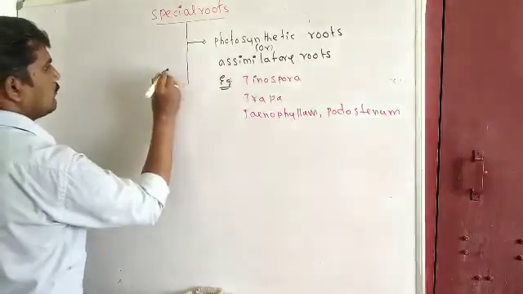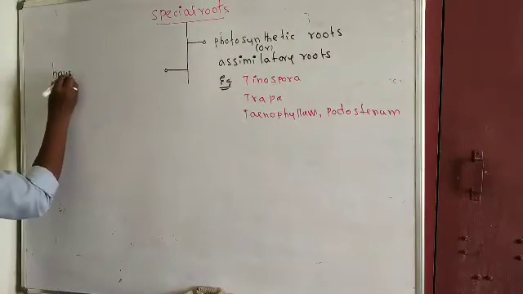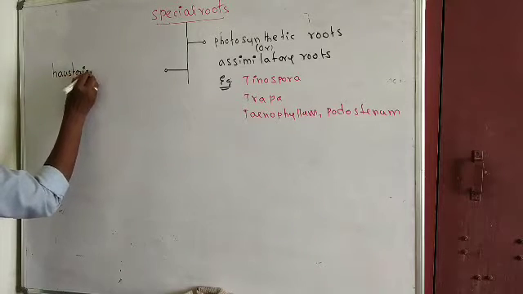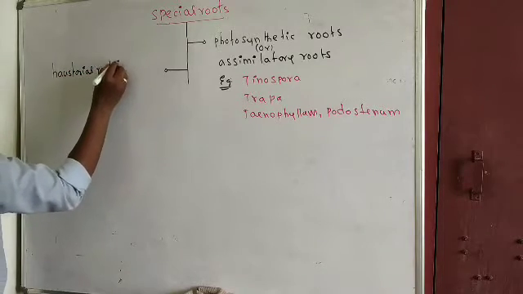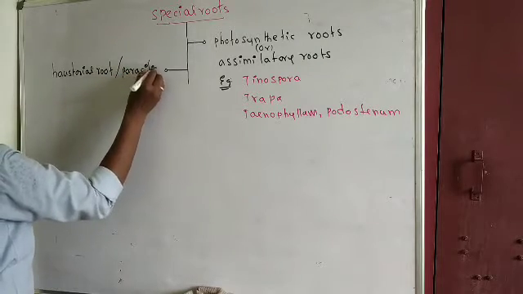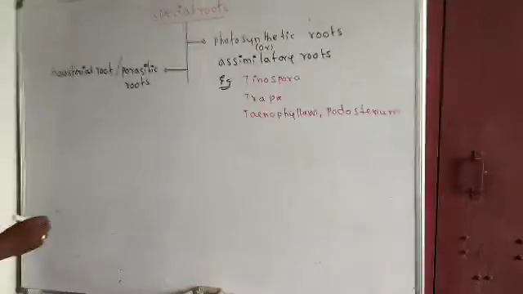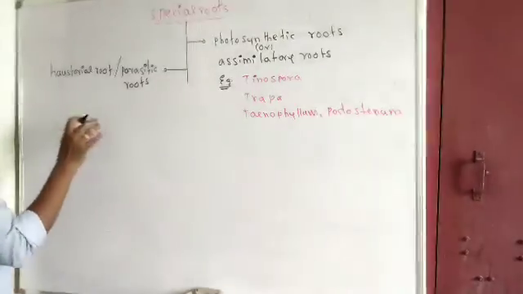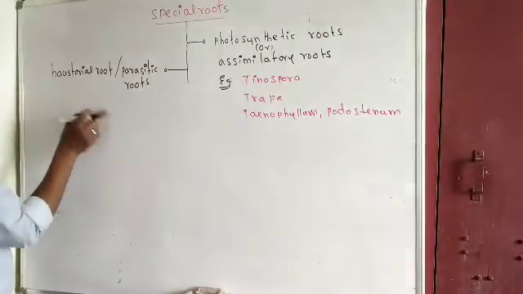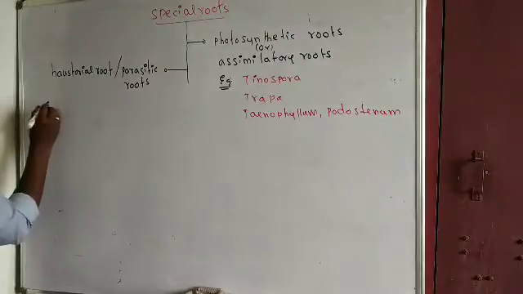The next one is very important, haustorial roots, which are called parasitic roots. Normally parasitic plants form adventitious roots or haustorial roots that penetrate into the host organism for the absorption of water and minerals.